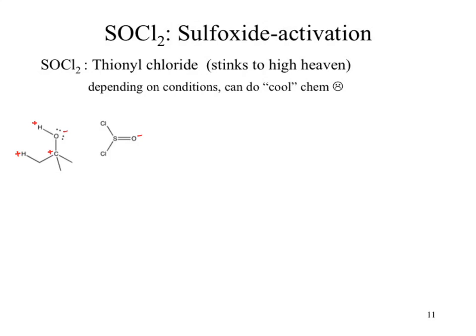Positive on the sulfur. Okay. How positive is that sulfur? Very, because the chlorines are there. We've got electronegative chlorines drawing electron density away. So the sulfur is now screaming for electron density. Where can it get that electron density the quickest and easiest?